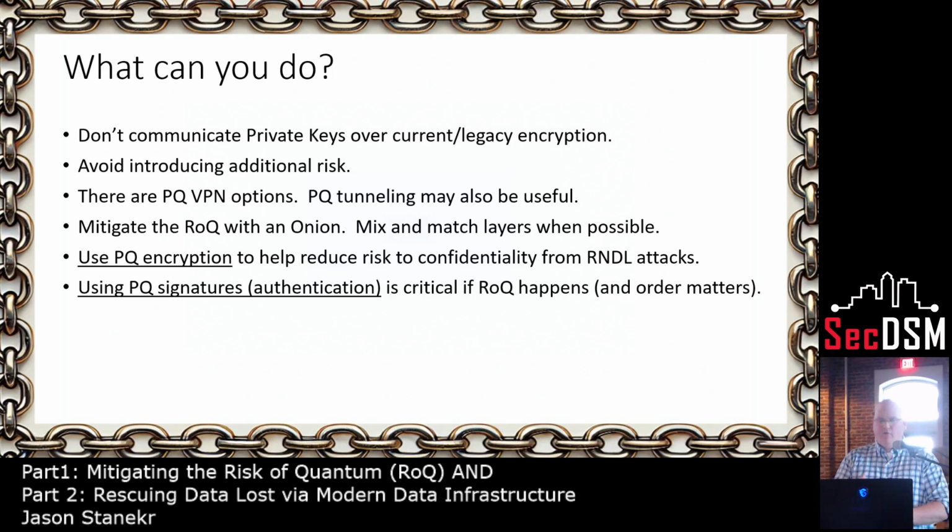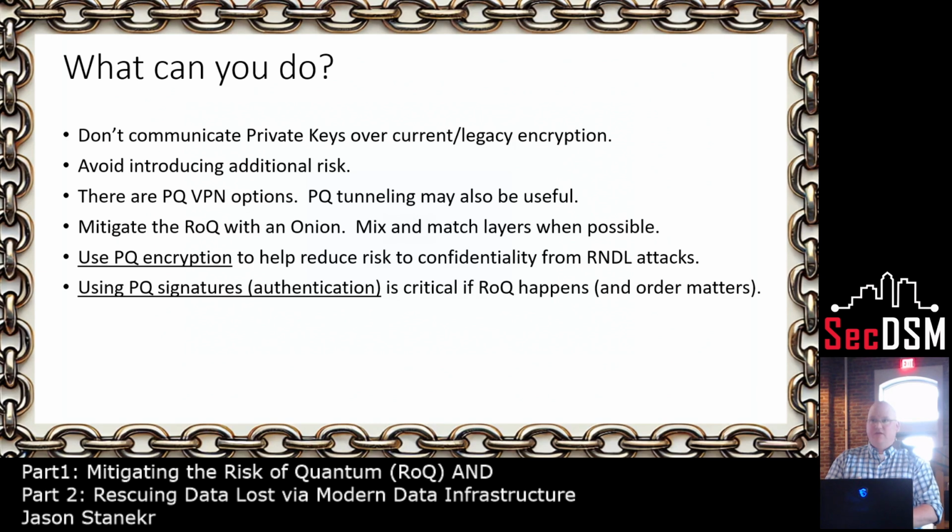Avoid introducing additional risk where possible. There are post-quantum VPN solutions. Post-quantum tunneling is another possibility. If I have time, I might be able to demonstrate. And then use the onion approach, add layers as prudent.